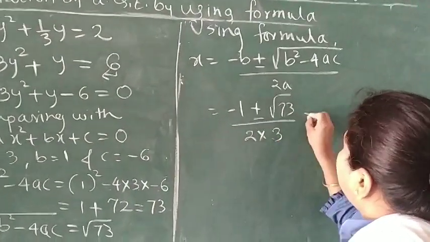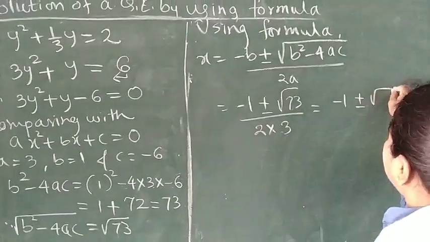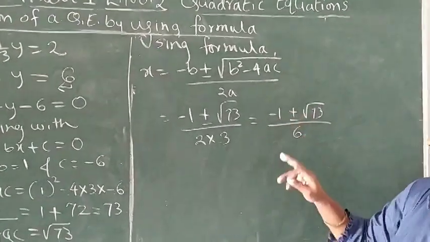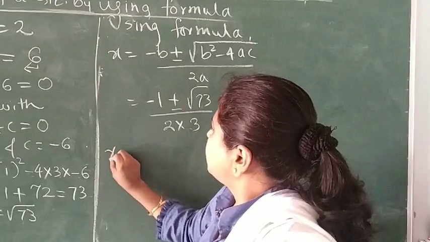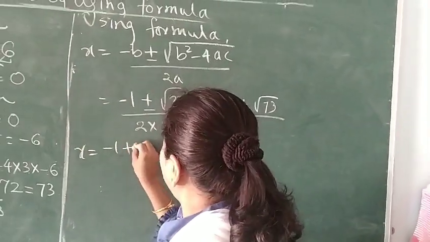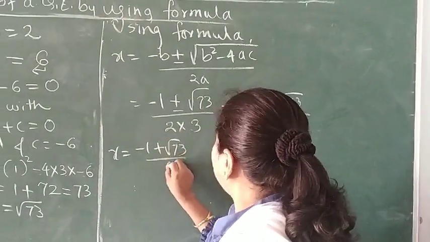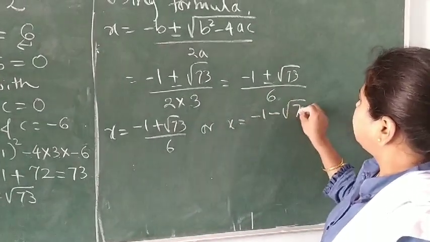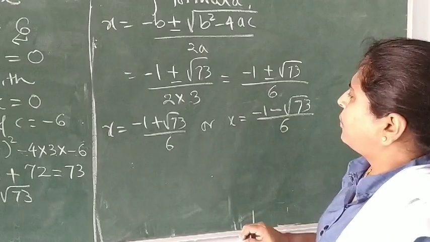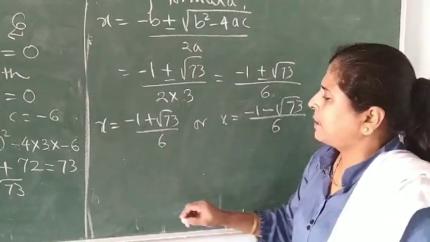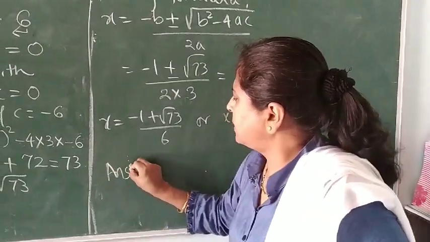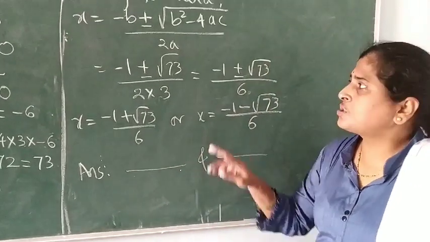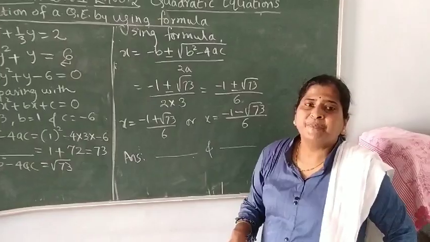So your answer is minus 1 plus or minus under square root 73 upon 3 2s are 6. Now you cannot take anything common. So your two answers are either x is equal to minus 1 plus square root of 73 upon 6 or x is equal to minus 1 minus square root of 73 upon 6. These two answers you can write in your answer statement, that these two answers are the solutions of your given quadratic equation.